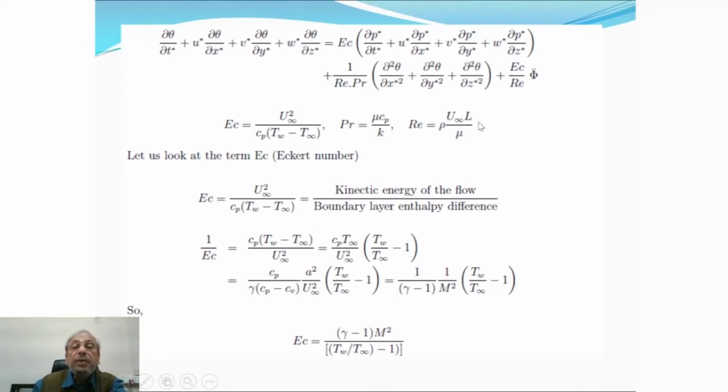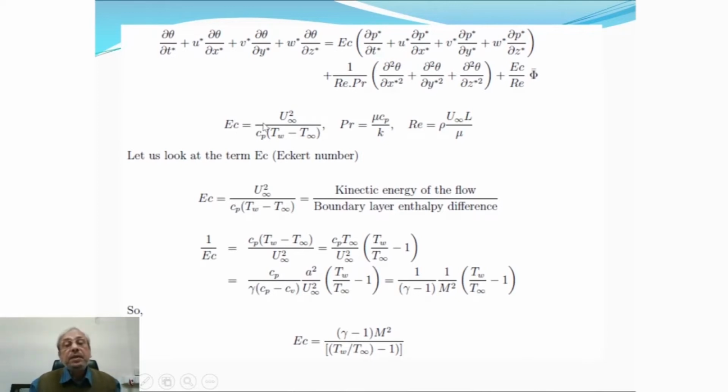All of you know that these groups of numbers are named after very well known scientists. Reynolds number is named after Osborne Reynolds, Prandtl number is named after Ludwig Prandtl, and Eckert number is named after E.R.G. Eckert.